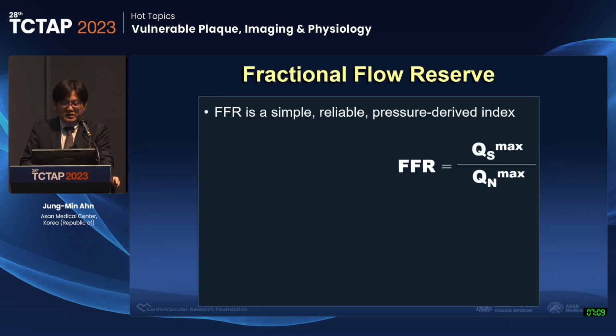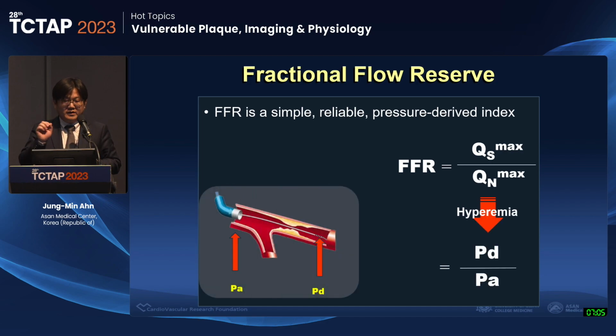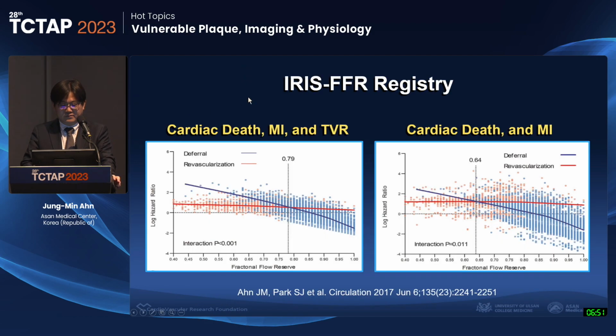So I think we can get such an idea from fractional flow reserve. We measure the FFR, and if the FFR is lower, we can say that reduced coronary blood flow is related to this specific stenosis. This is the idea of fractional flow reserve. In addition, the conventional cutoff value was 0.75. The recent cutoff value is 0.80 based on our registry.